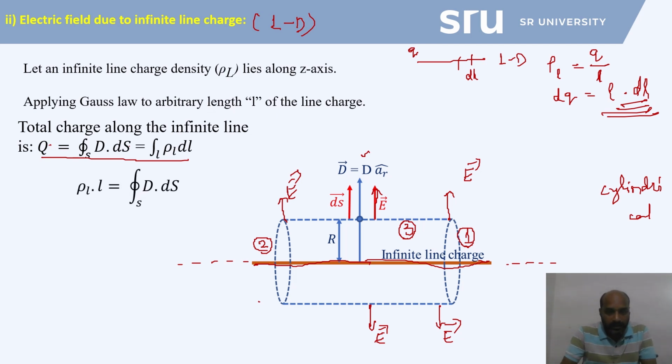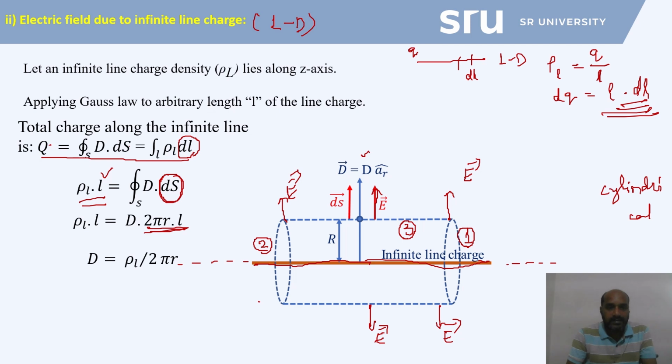Here the total length dl will be equal to L, and the left side of this equation is D ds. And here see, interesting: this rho L dl is equal to the surface area of the cylinder, which is 2 pi RL.